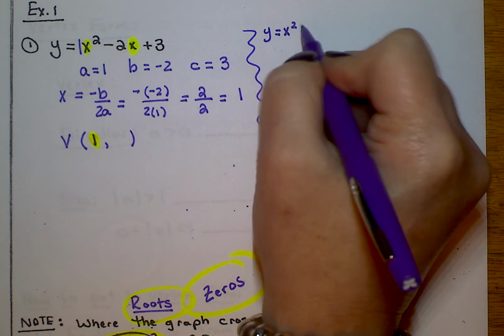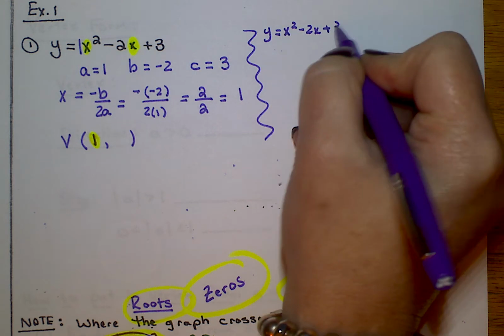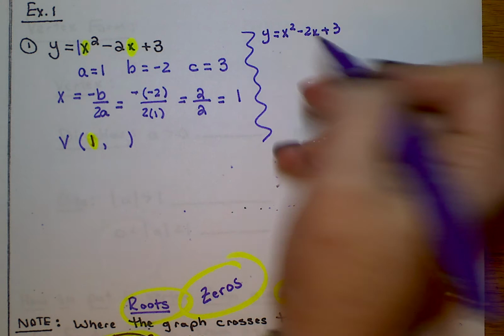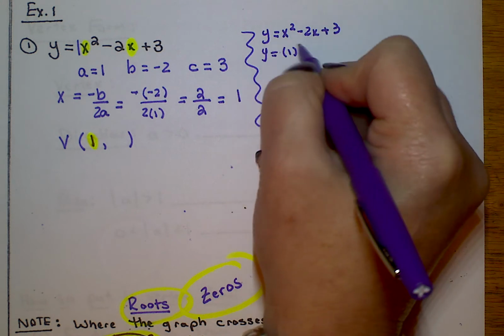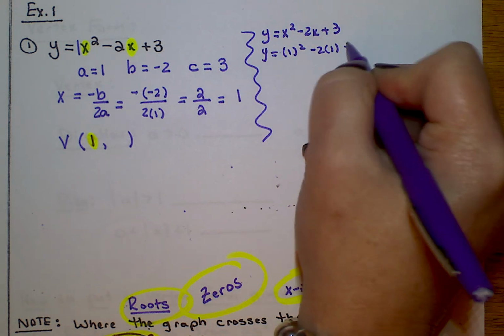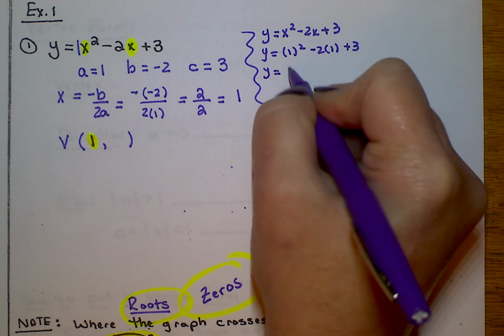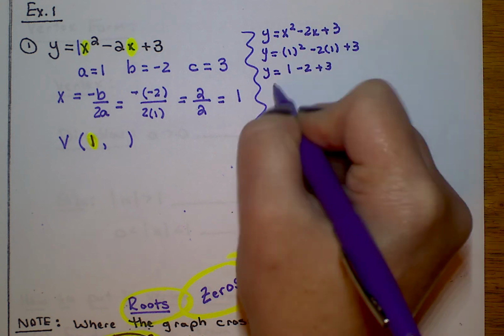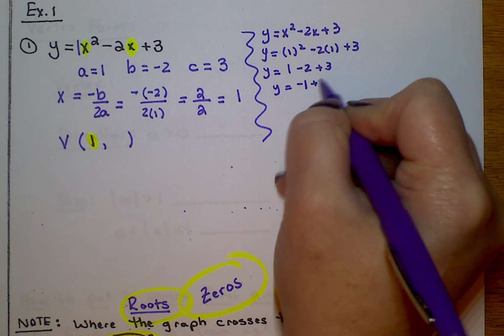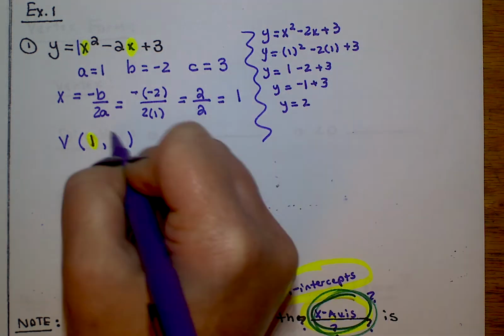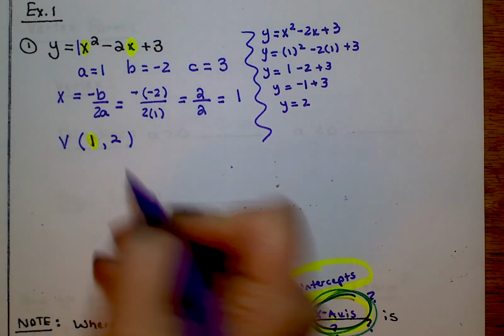So I'm going to recopy the problem over, and I'm going to replace the x with a 1. So that's going to go to 1 minus 2 plus 3. That gives me -1 plus 3, which gives us a 2 for that vertex.